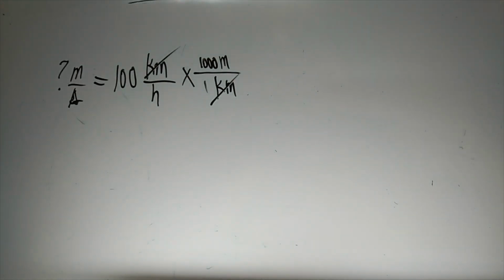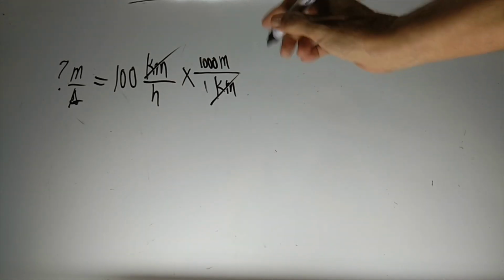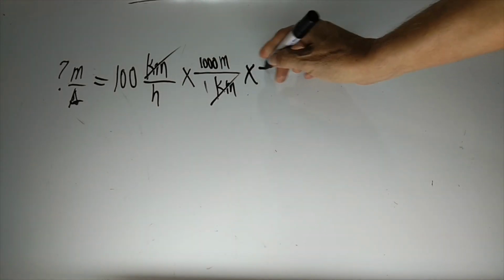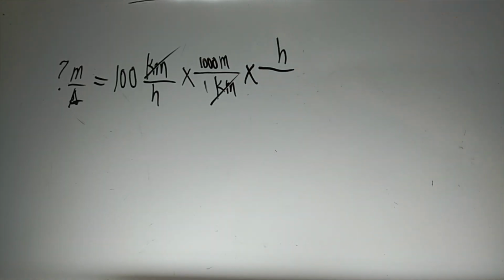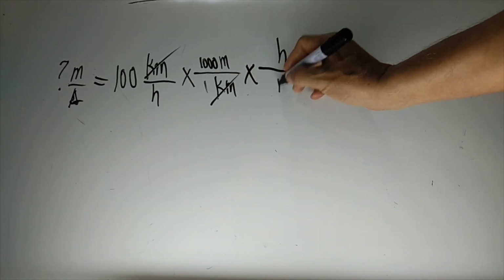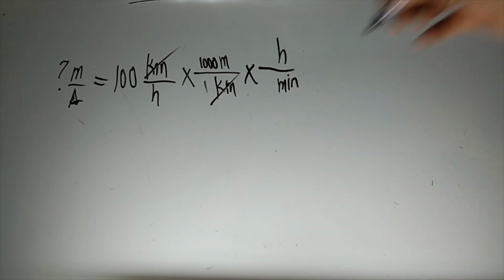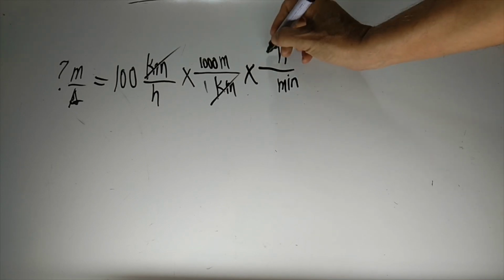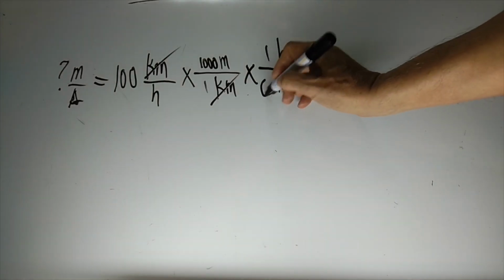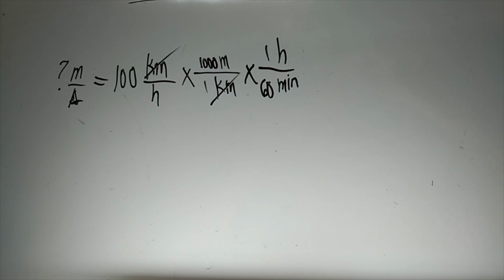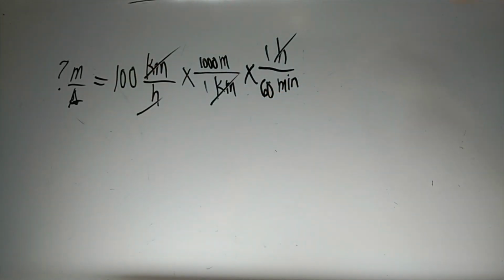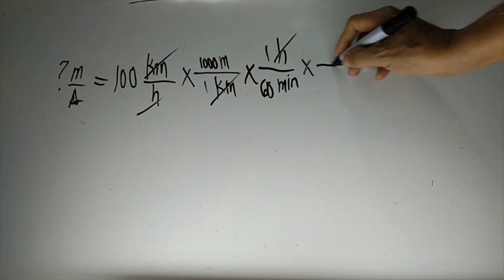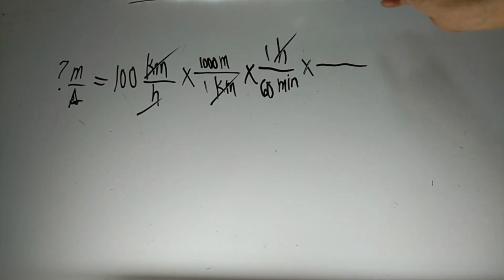So I'll proceed to the time, hour. So the hour will be on top and minutes at the bottom. The relationship of which is, for every hour, there are 60 minutes. So cancel hour. We'll proceed. Change minute to second.